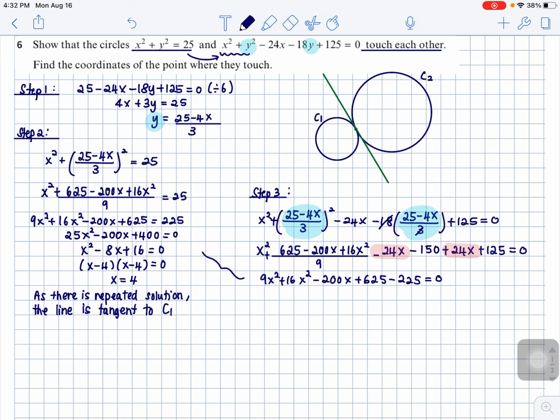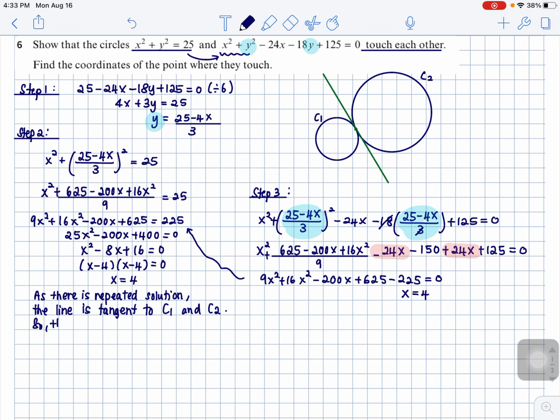I think by now you would have realized it is exactly the same here. So what am I getting? Again a repeated root where my x is equal to 4. I am shortening the steps. Now you can write the conclusion. Earlier we wrote here the line is tangent to circle 1. Now you can add: and circle 2.